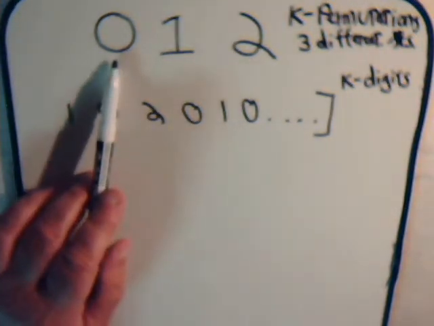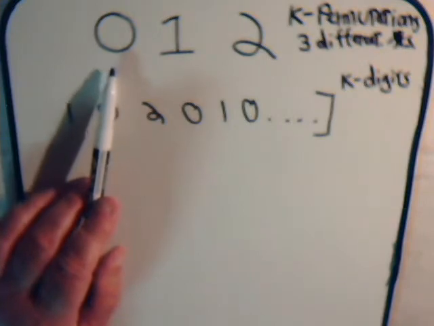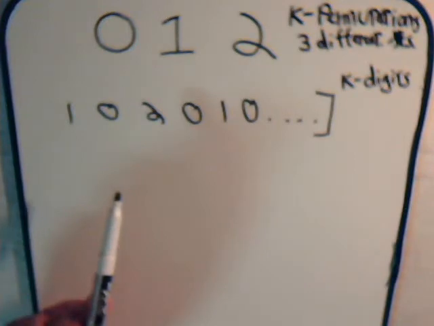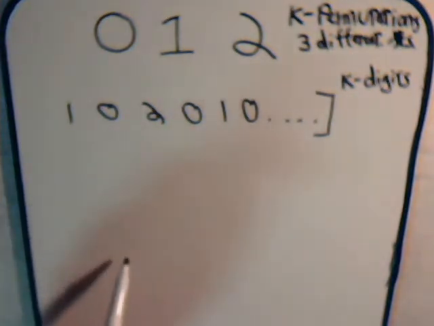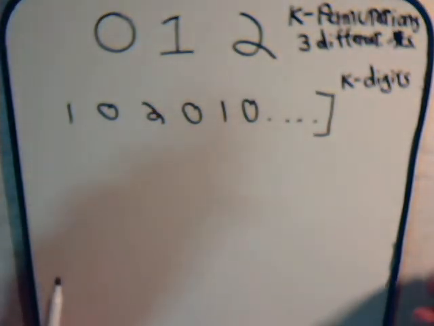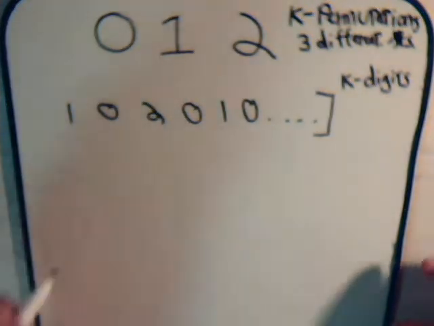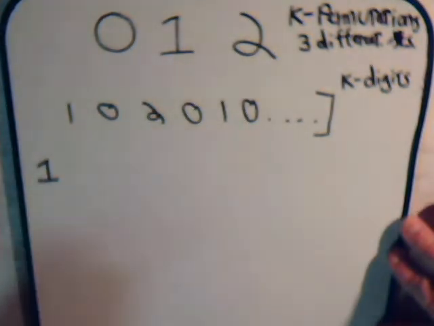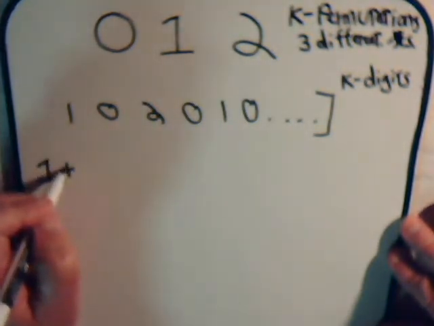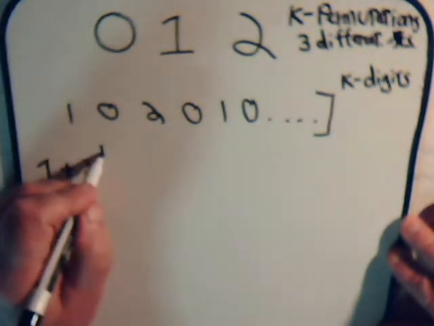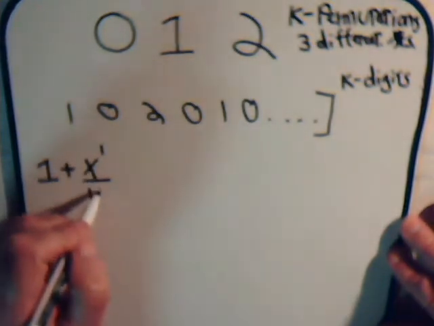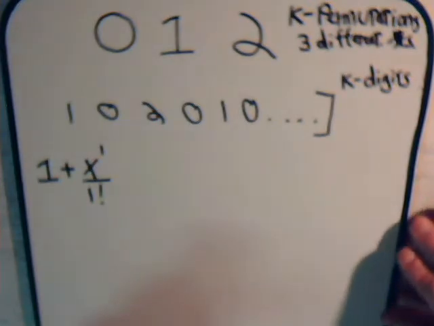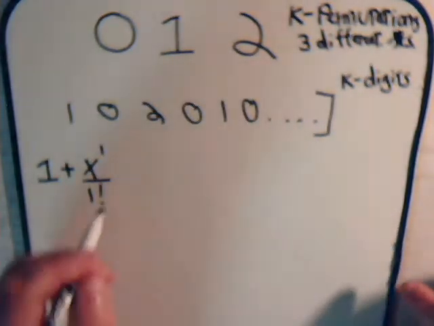Now for 0, if it's going to be used, there's no restrictions on it. It may not be used any time in a particular string, or it might be used once or twice or whatever. So for 0, the generating function would be x to the 0, which is 1, in case it's not chosen at all, or it might be used once, so that would be x to the first over 1 factorial. These are permutations now, so we're working with exponential generating functions.